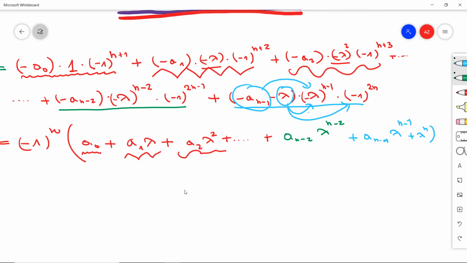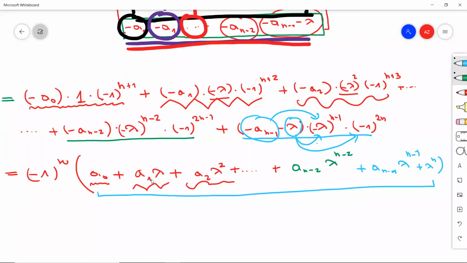And you see what we got here within the brackets. This is nothing else but our differential equation, where instead of the differential operators, we plugged in lambdas.